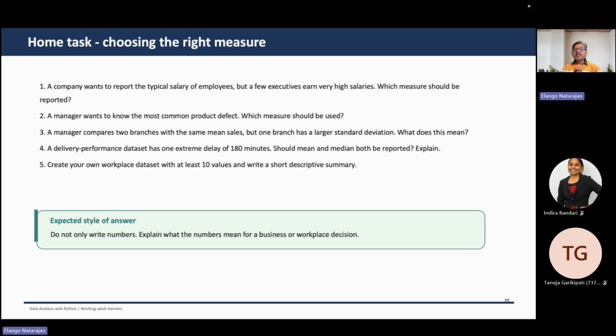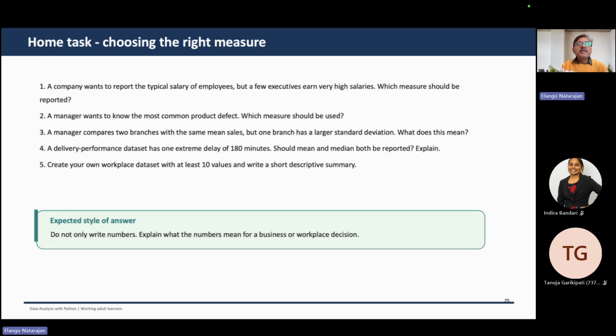Coming to this question, your task is based on salary numbers. But you see that some employees are getting very high salaries. When you use the high salary data in your calculations, it is an outlier, and the mean value is pulled away from the actual value.